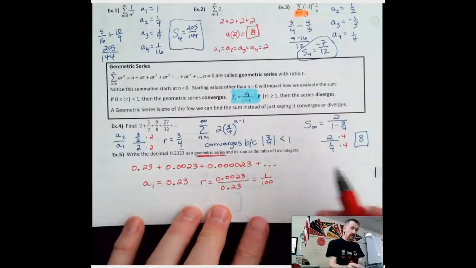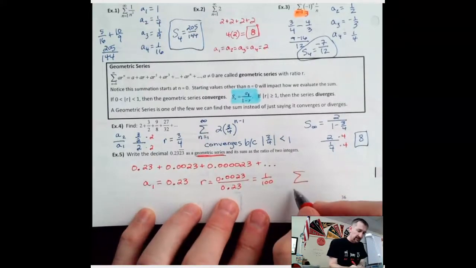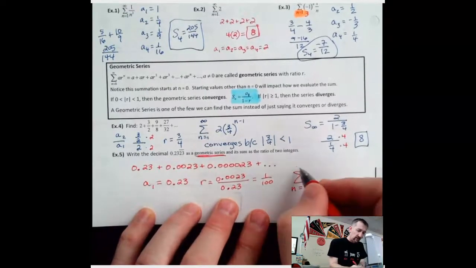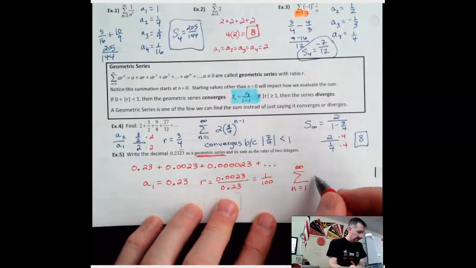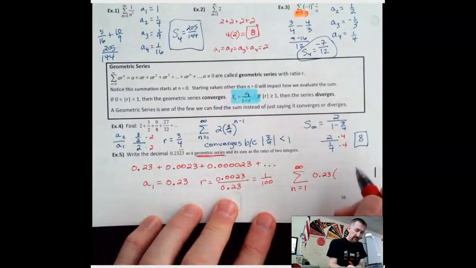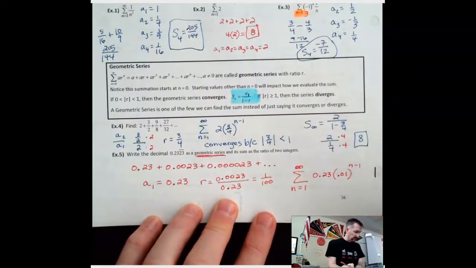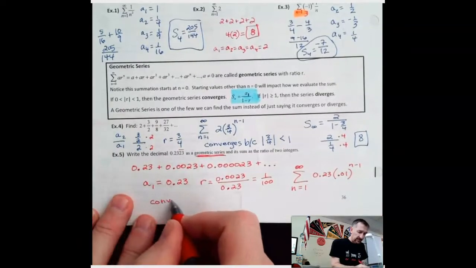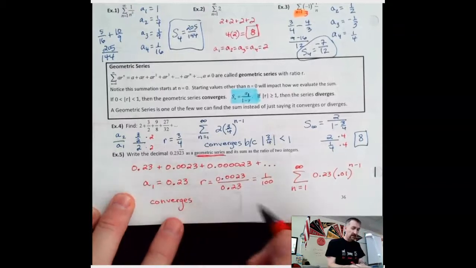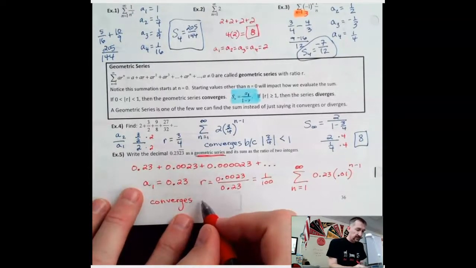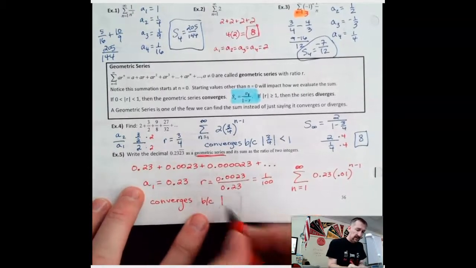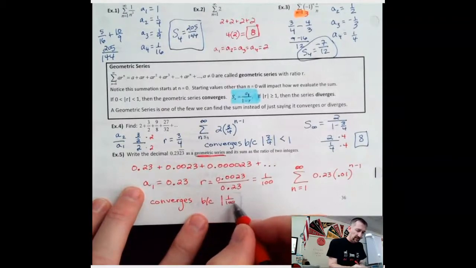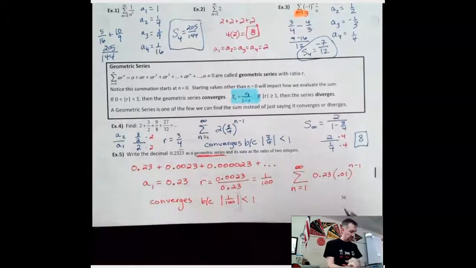Okay, so we could write that in sigma notation. So that's going to be n equals 1 to infinity of 0.23 times 0.01 or 1/100. It's fine. Okay, so that converges. It's basically the same as the last problem now. Converges because the absolute value of 1/100 is less than 1.